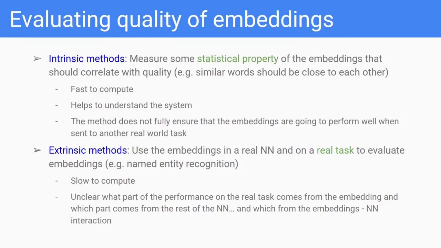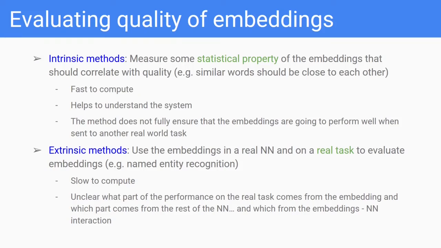In the intrinsic ones, you try to measure certain geometrical properties of your embeddings, because your intuition tells you that for the neural network or other methods to be able to use them well, there are a number of properties that they should approximate, which I will talk about later.